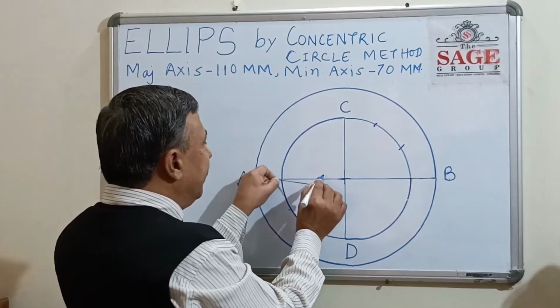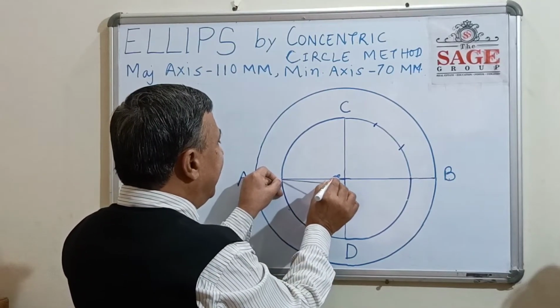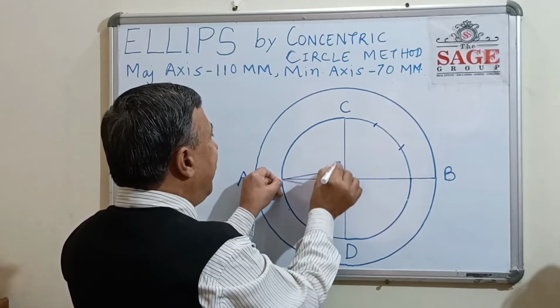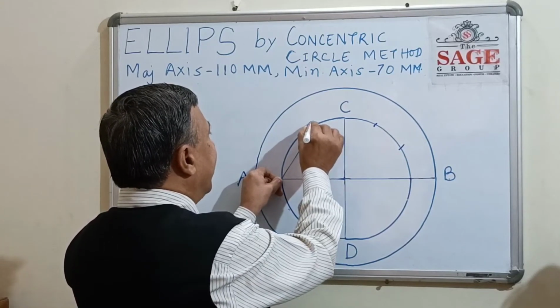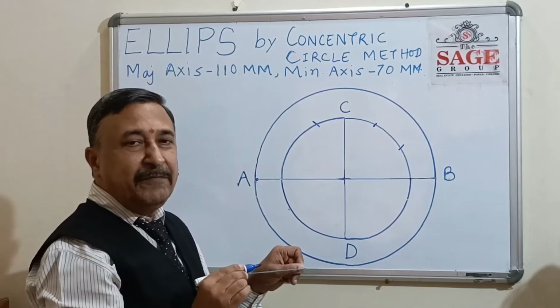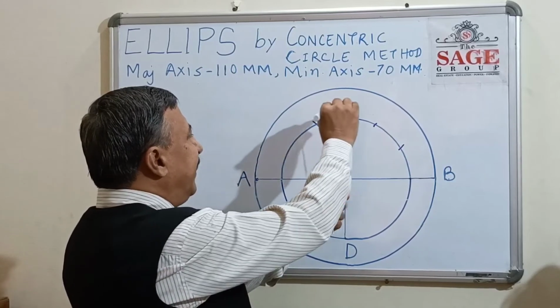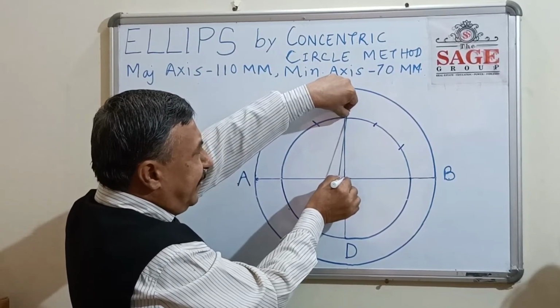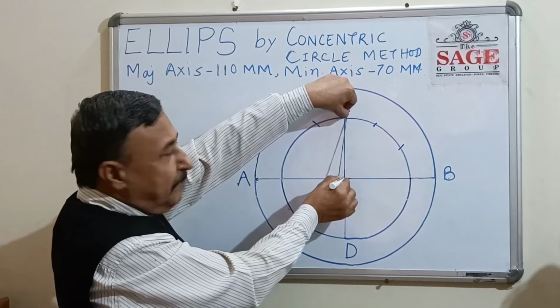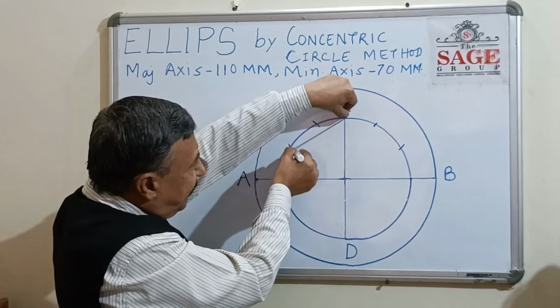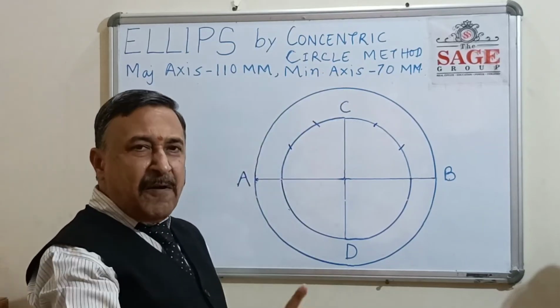See here, we take the same radius and mark one arc here. Take the same radius and one arc here. Now the same radius, that is of the smaller circle, and mark one arc here. So can you draw?